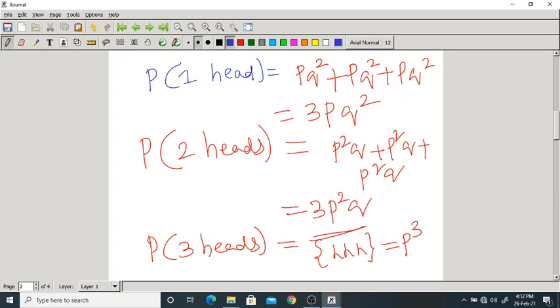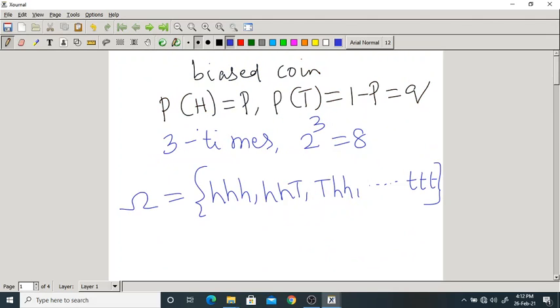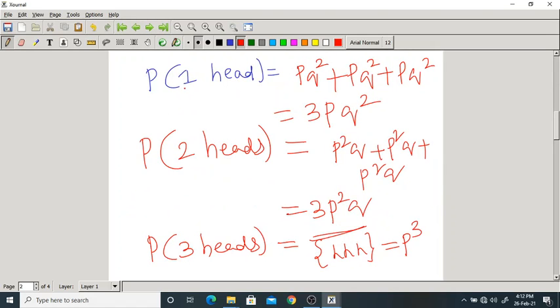Suppose in this example you are tossing 3 times, which means n equal to 3. Probability of head is p. Probability of tail is 1 minus p or q. I am writing q. The first question I asked you was getting 1 head, which means here k equal to 1, n equal to 3.